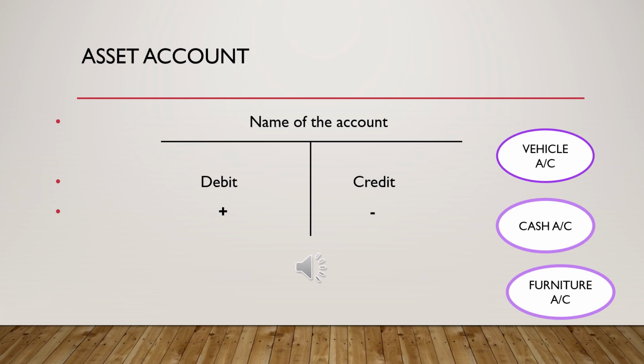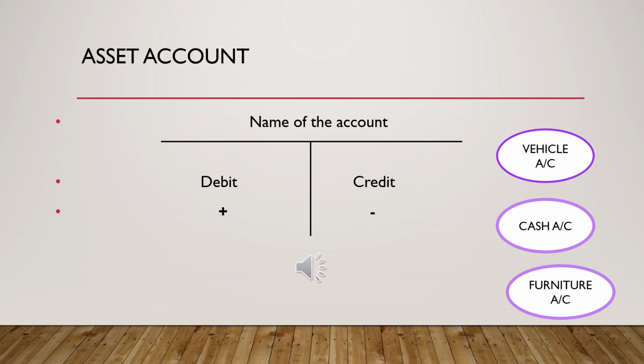Okay, look at the asset accounts. Examples of asset accounts: we have vehicles account, cash account, furniture, plant and machinery, etc. Please bear in mind that for each account we need to state the name of the account at the top of the account.